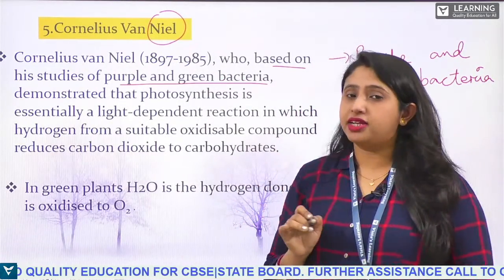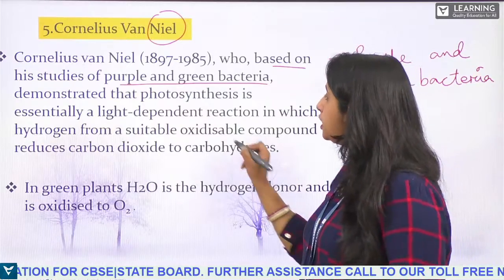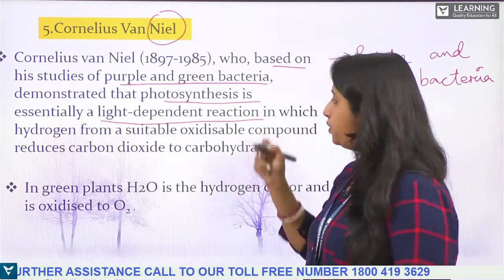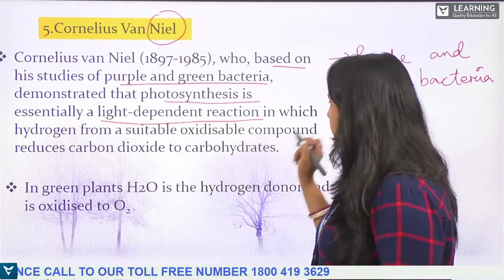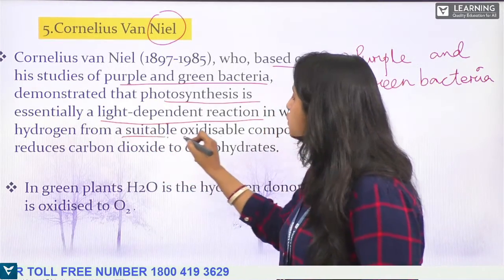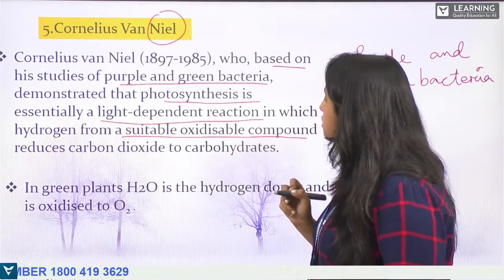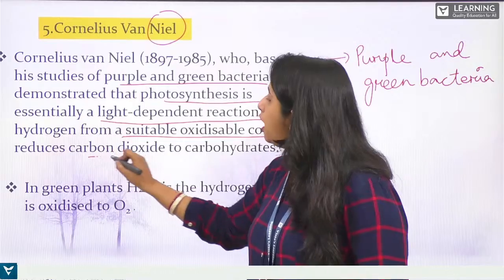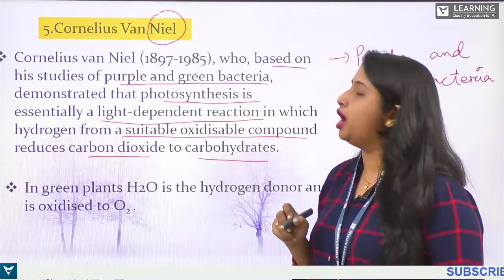Purple and green bacteria he has used, and he has demonstrated that photosynthesis is essentially a light dependent reaction in which hydrogen from a suitable oxidizable compound reduces carbon dioxide to carbohydrates.